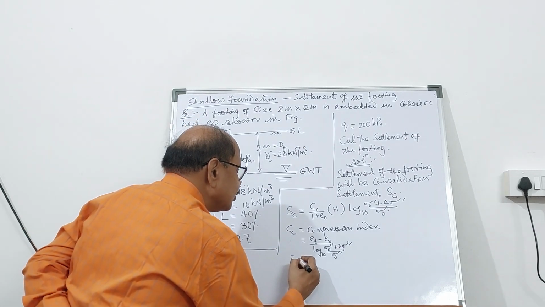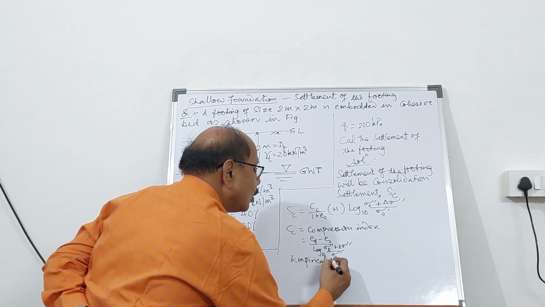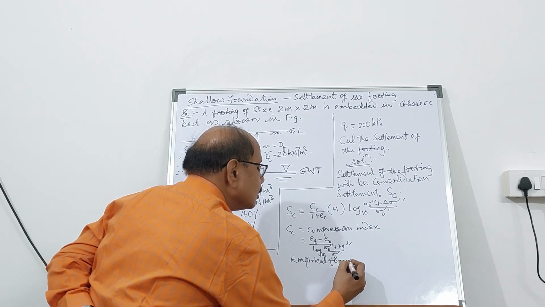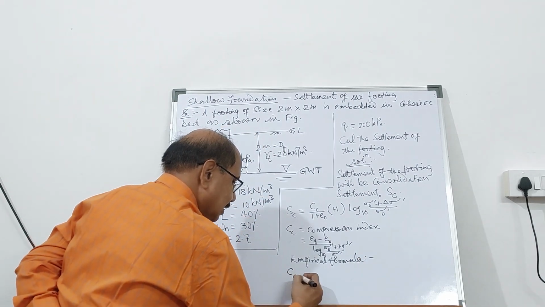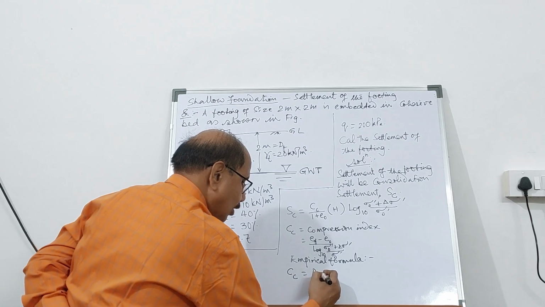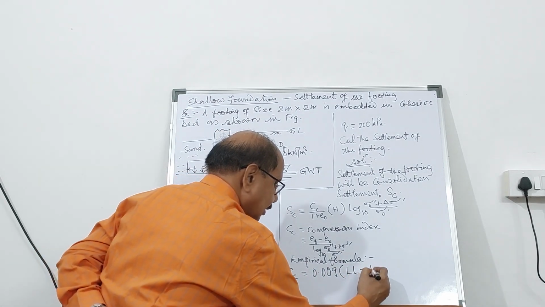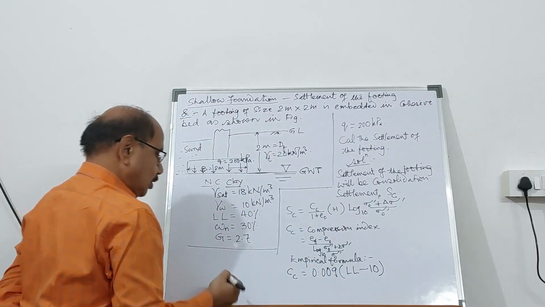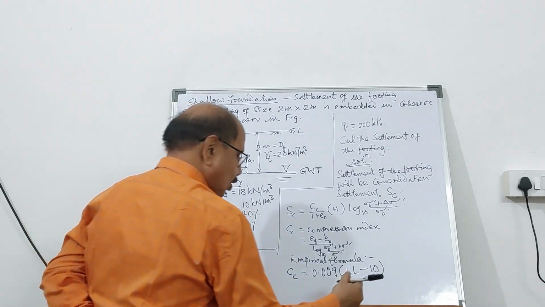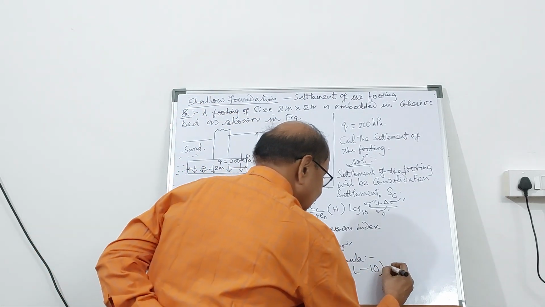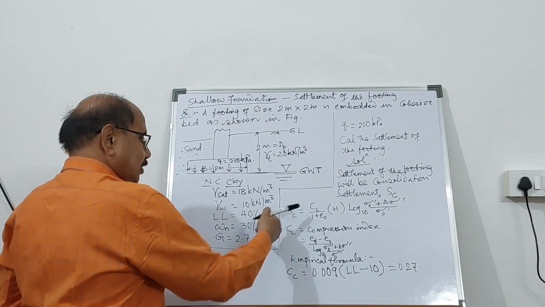The empirical formula for finding out Cc is 0.009 times liquid limit minus 10. So liquid limit is 40 minus 10, this becomes 30, into 0.009, this becomes 0.27. So Cc we know.